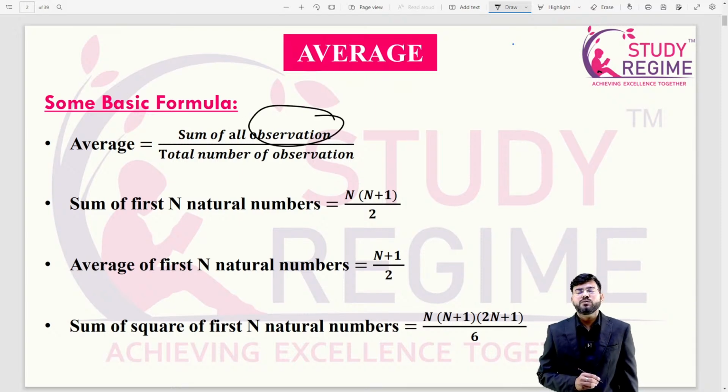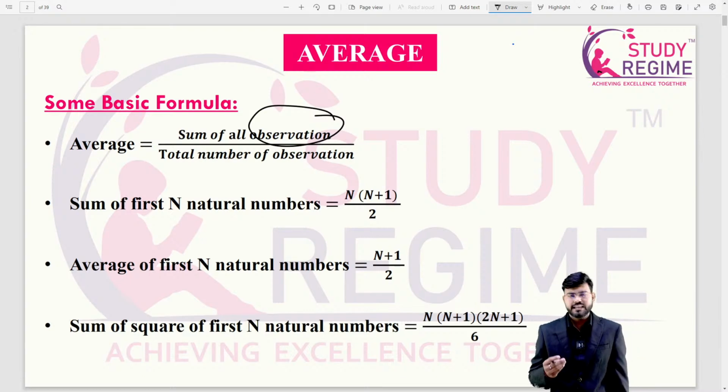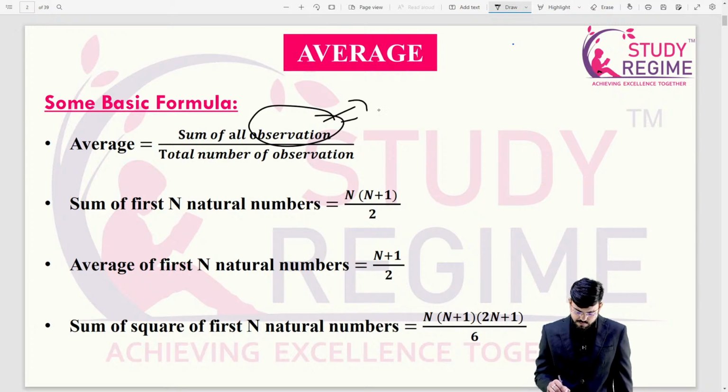What do you understand by an observation? Observations can be anything. I'll take an example of a classroom where there are some students, they can be girl or they can be boy. If we talk about the observation of a particular weight or height, let's take an example of height. Every girl and every boy might have a different height and different weight.